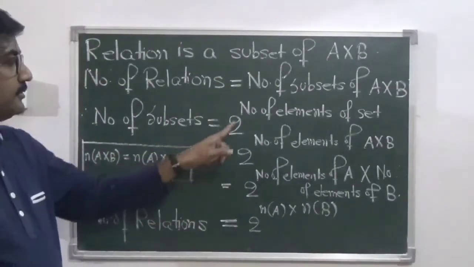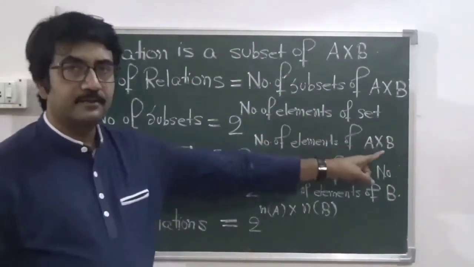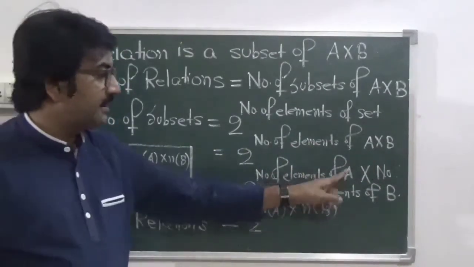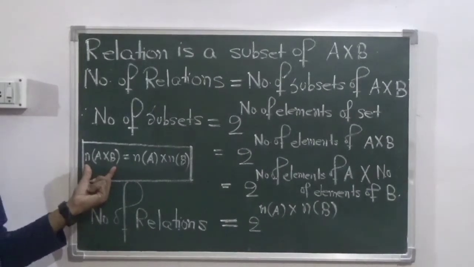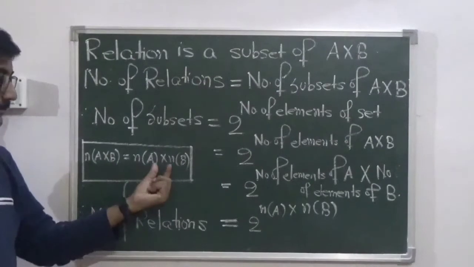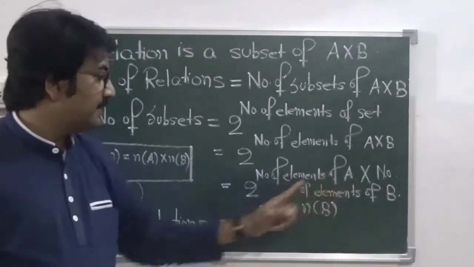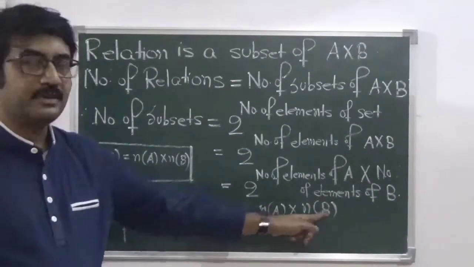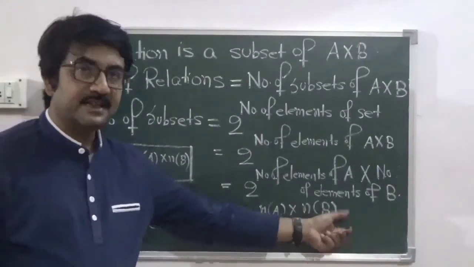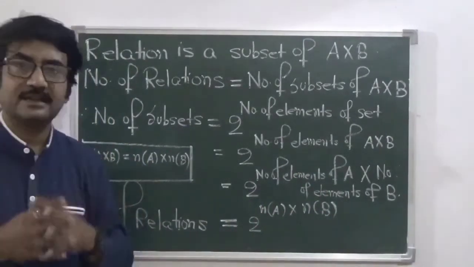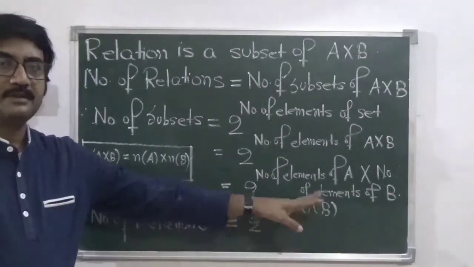Here the set is A cross B, so it is 2 to the power of n(A cross B), and the total number of elements in A cross B is equal to the number of elements in set A multiplied by the number of elements in set B. So it is 2 to the power of n(A) times n(B). Here n(A) is the cardinal number, that is, the total number of elements present in set A, multiplied by the total number of elements in set B. So the total number of relations that can be defined from set A to set B is 2 to the power of the number of elements in set A times the number of elements in set B.